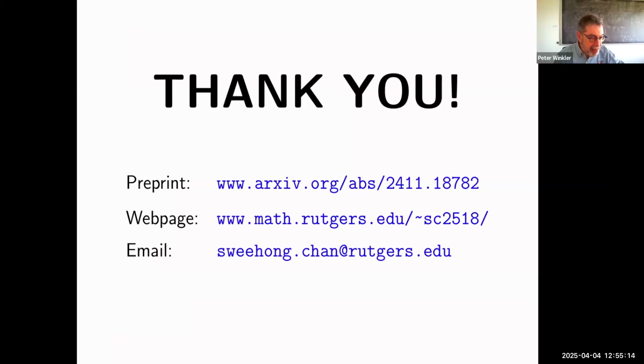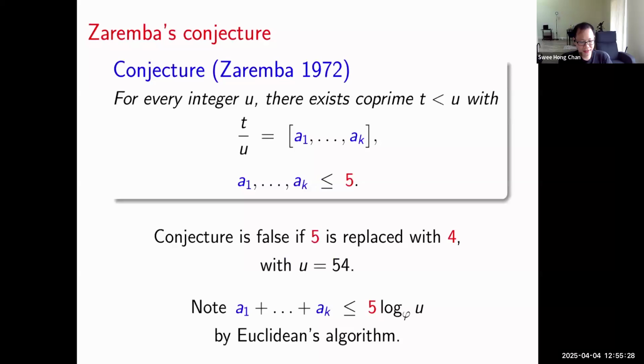You mentioned that Zaremba's conjecture is tight because of this u equals 54 example. But when you're looking at sets of density 1 instead of all integers, presumably you could do much better. For example, maybe all you need is 1s and 2s. That's a good question.